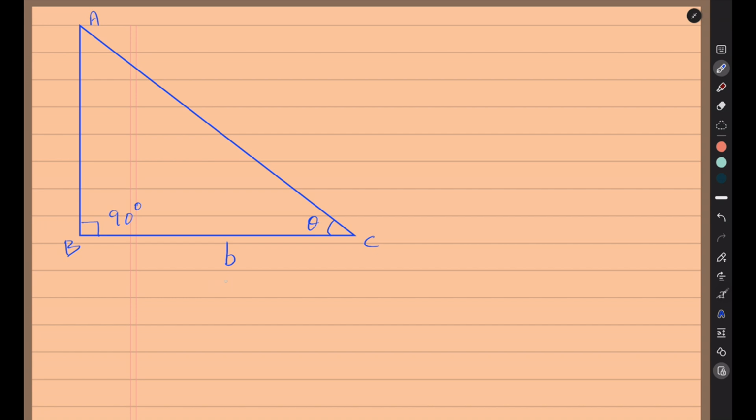It will be B, or the base. This will be hypotenuse H, and this will be perpendicular. Then there are three identities which are very, very basic. One is called sine theta. This is nothing but a ratio. It is defined by the ratio of perpendicular to hypotenuse in any right angle triangle.